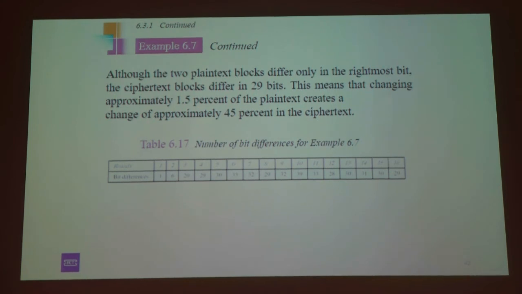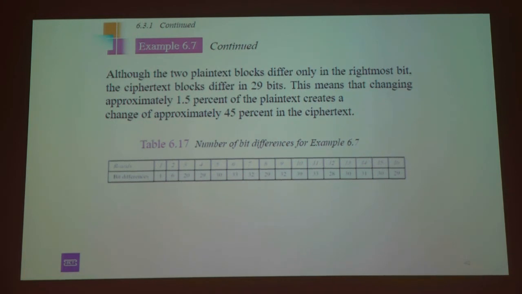Is that very strong? If you could have more bits different, that would be stronger. This means that changing approximately 1.5% of the plain text creates a change of approximately 45% in the ciphertext.